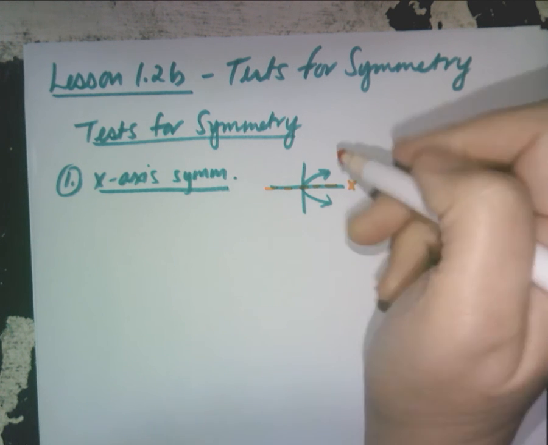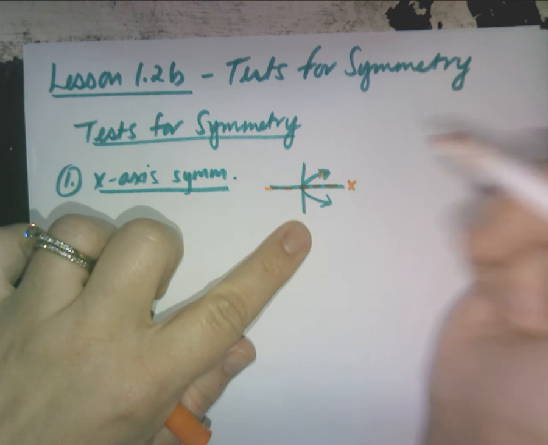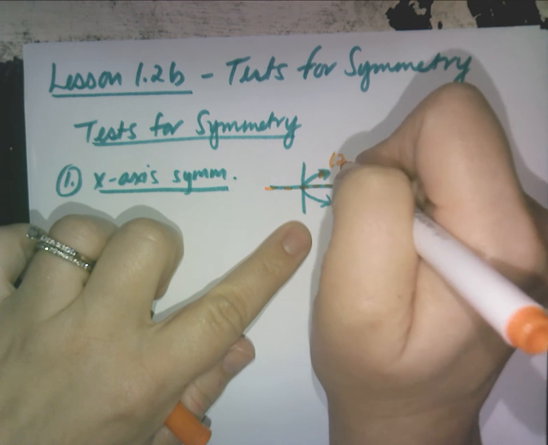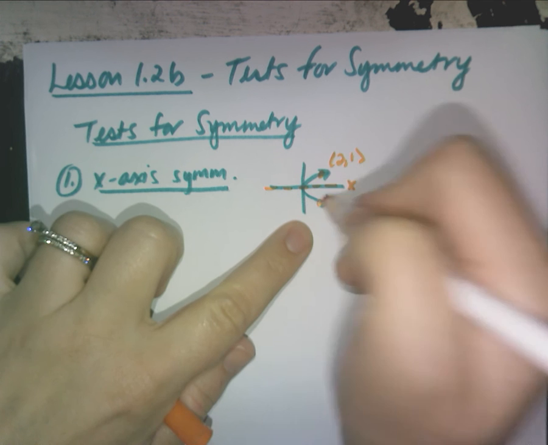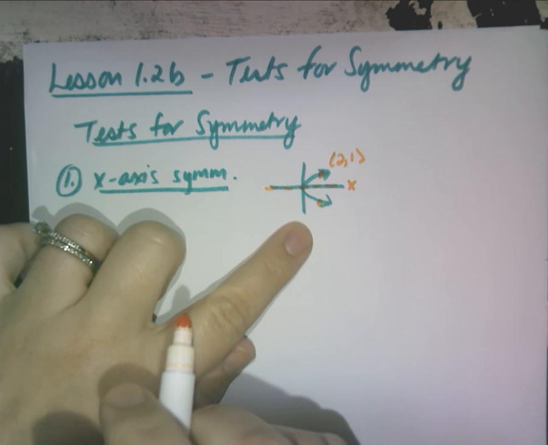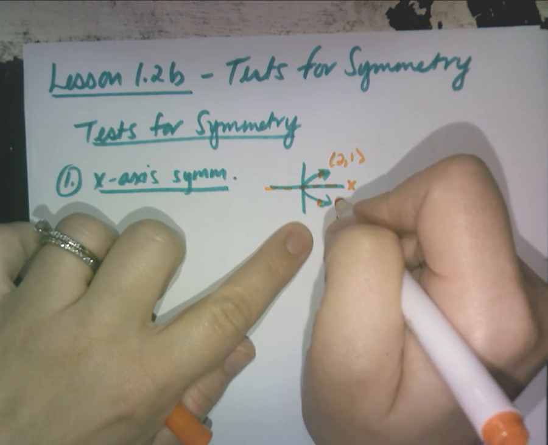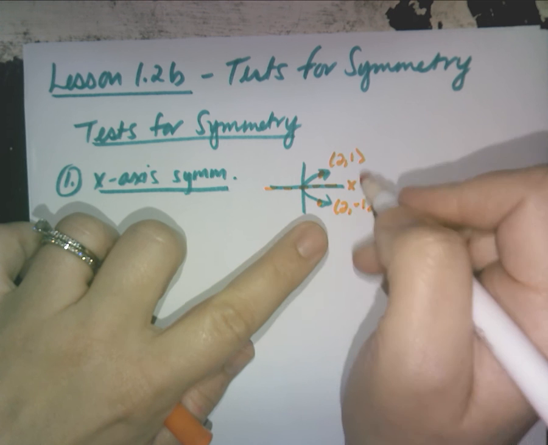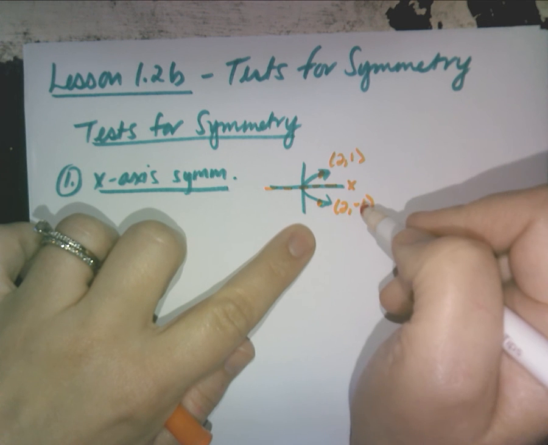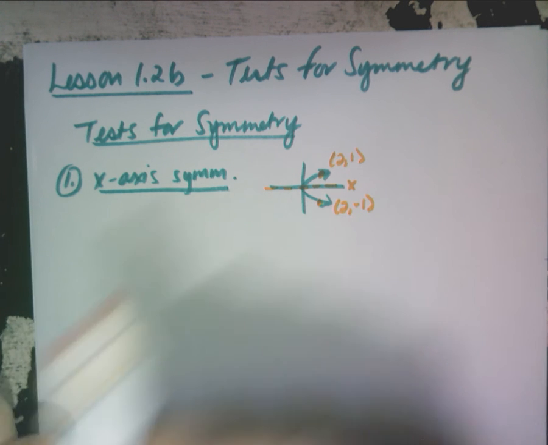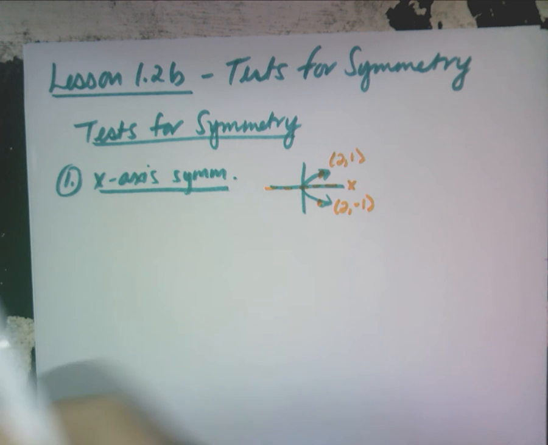Let's talk about the numbers wise. If this was the point, I don't know, 2, 1, what would its mirror point down here be? 2, -1, right? So what just changed signs? The y. Okay, so here's the algebraic way of doing it.